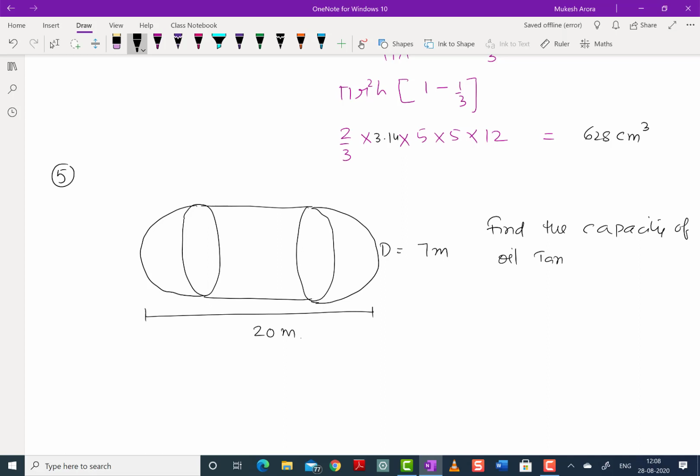We have to find the capacity of the oil tank.